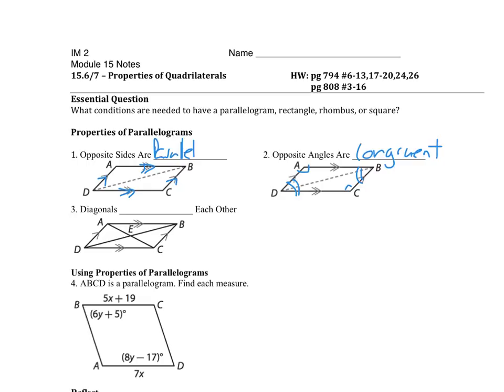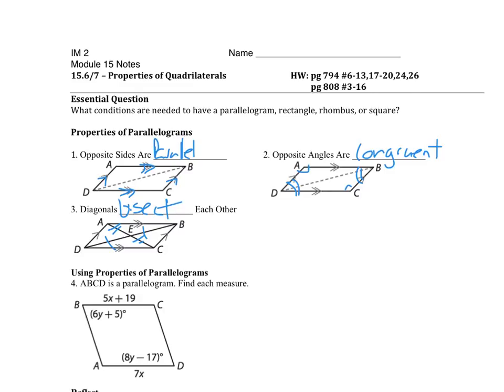All right, and then diagonals bisect each other. So remember, bisect means they cut them in half. So then that segment is congruent to that segment, and that segment is congruent to that segment.